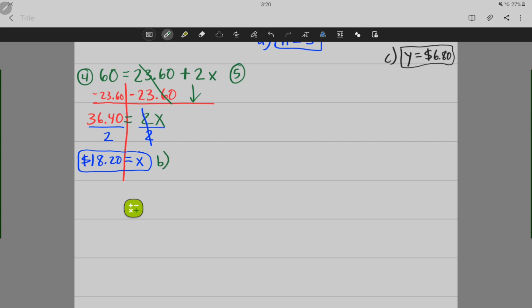Number 5, a carpet store has carpet at $13.99 per square yard and charges $50 for installation.